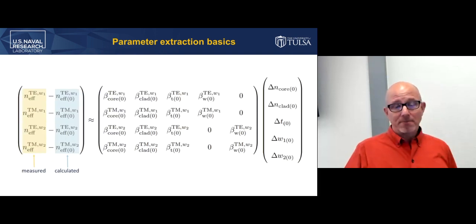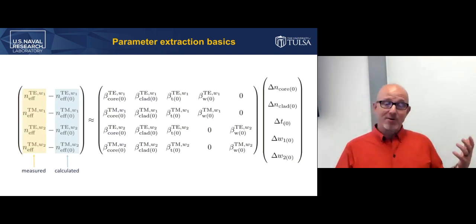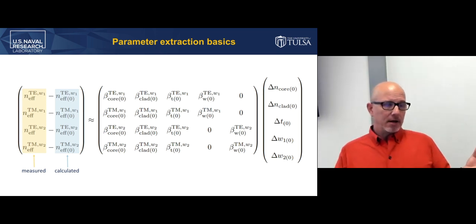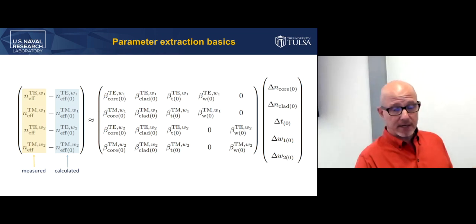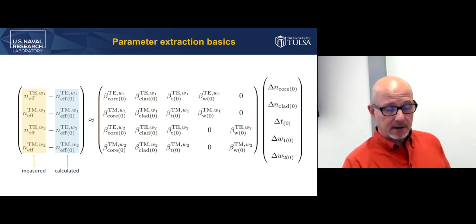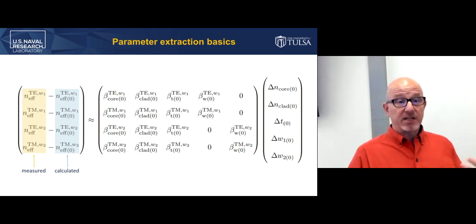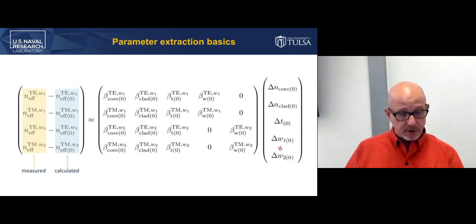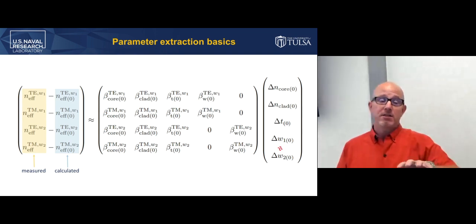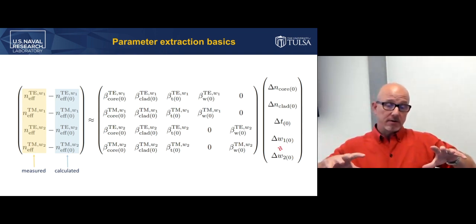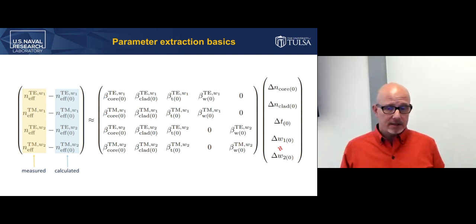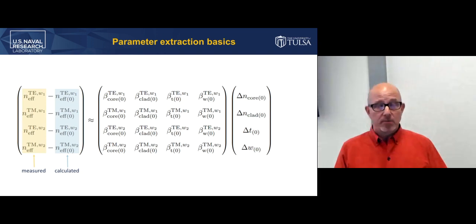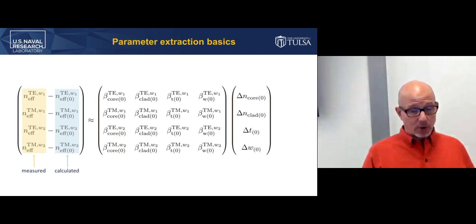Okay. So what we have here now, since we chose 2 different widths, is a situation that's a little bit not ideal: we've got 4 equations and 5 unknowns, because we've got 2 different deviations from the width. But if we make the approximation that the deviation from width for the one waveguide width and the other waveguide width are going to be approximately the same, we can make this a very simple and straightforward 4 equations, 4 unknowns problem.